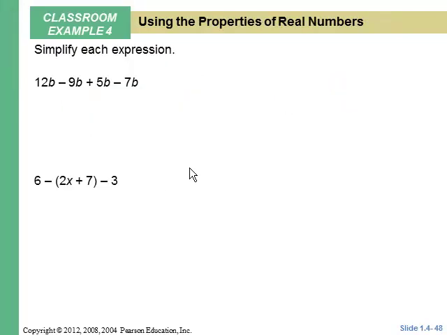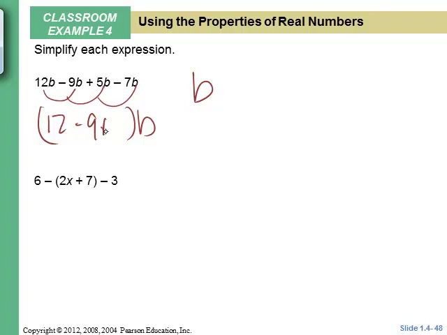I think you can use any property that you want to, but in this case, I think it's probably easy to look for ways to simplify this, and I don't see any right off the bat. 12b minus 9b is 3b, plus 5b is 8b, minus 7b is b. I suppose we could have thought of that as undistributing the b. We've got 12 minus 9 plus 5 minus 7.